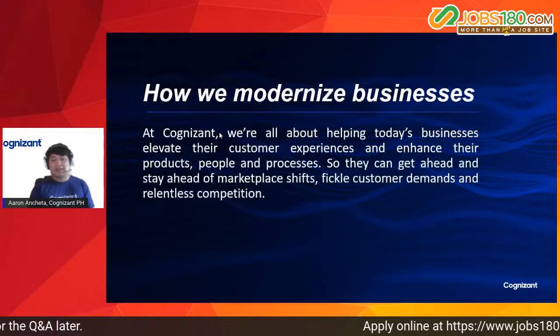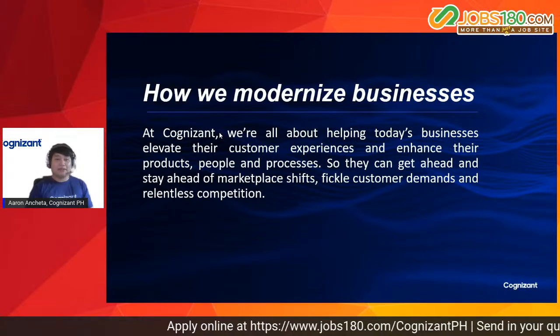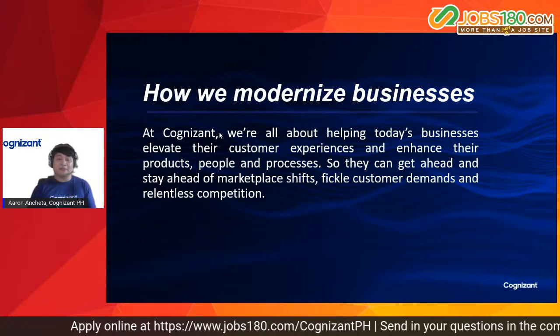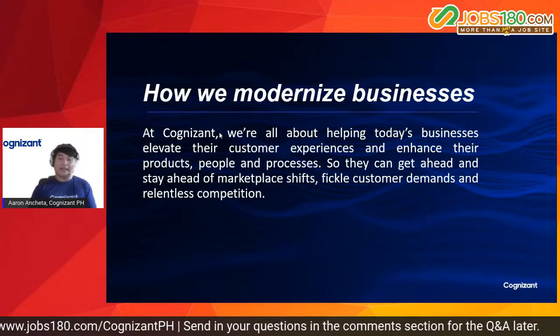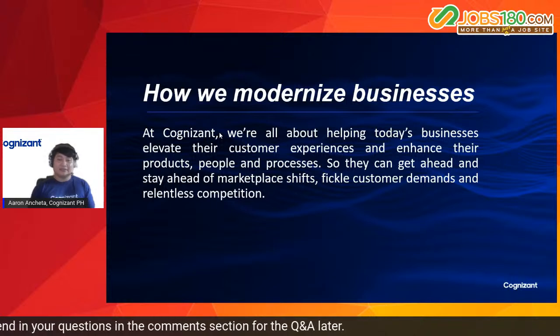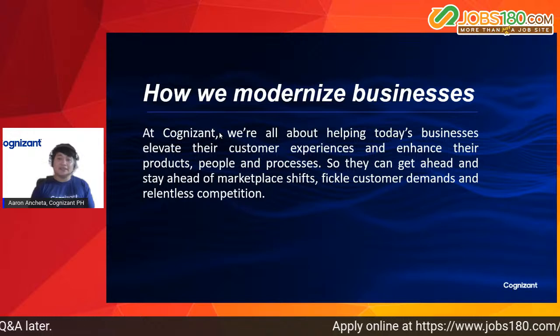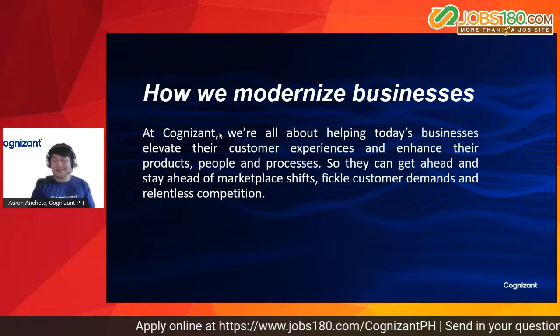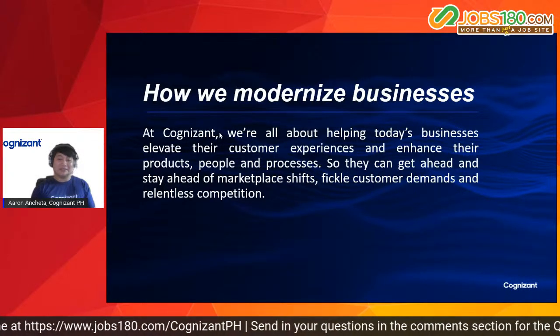How do we modernize businesses? At Cognizant, we help today's businesses elevate their customer experiences and enhance their products, people, and processes. What I said earlier, it's a race, and we help companies get ahead of their competitors by maximizing the available tools that fit their business models.